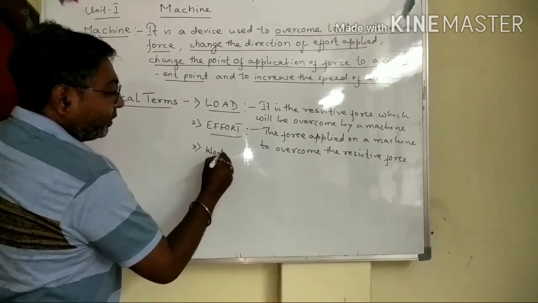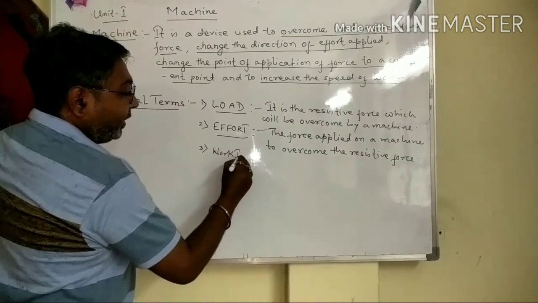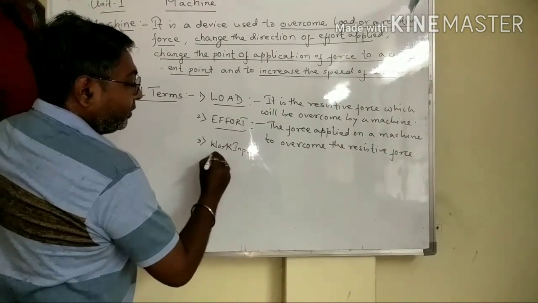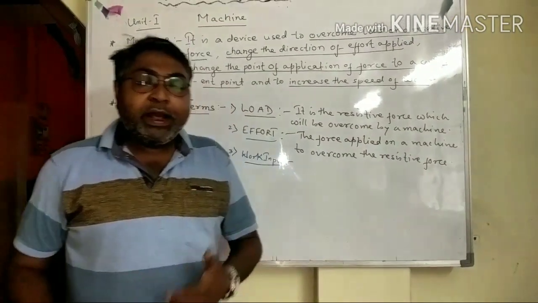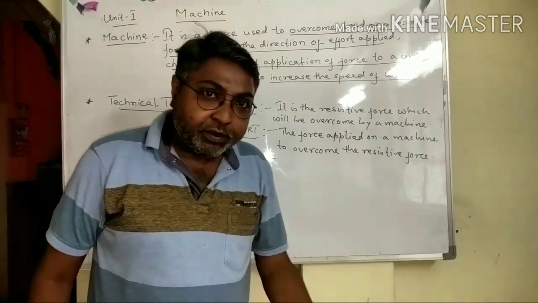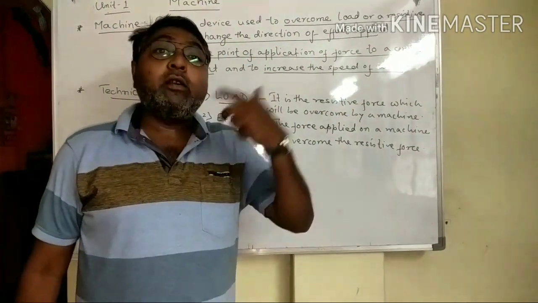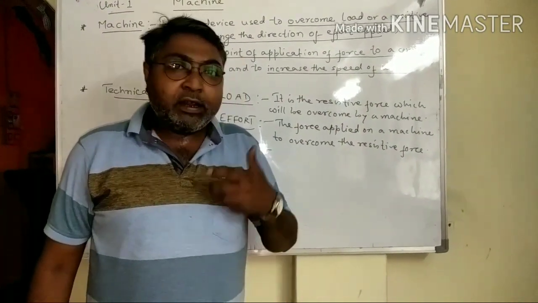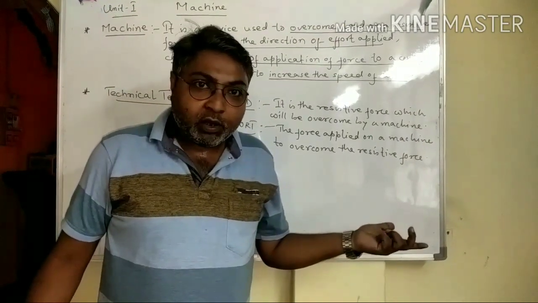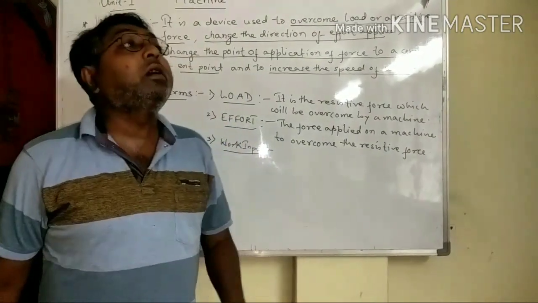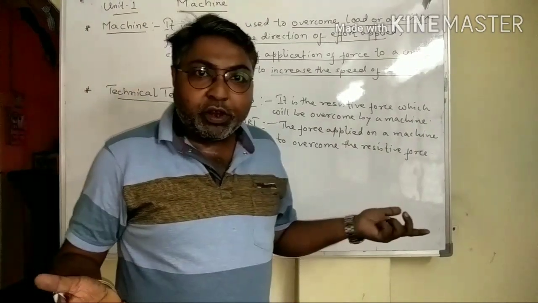Now the next technical term which you must be very much acquainted with is work input. What is work input? Work input means what work has been done on the machine. Because unless you do some work on the machine, it will not do any work. If you simply tell the machine, hey, do the work for me, it is not going to do any work for you.